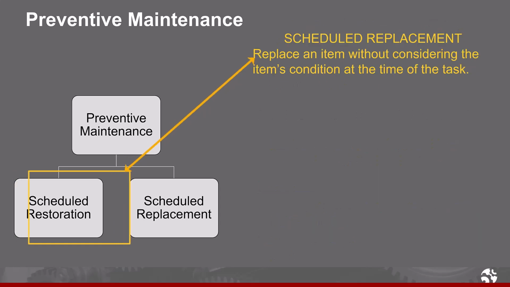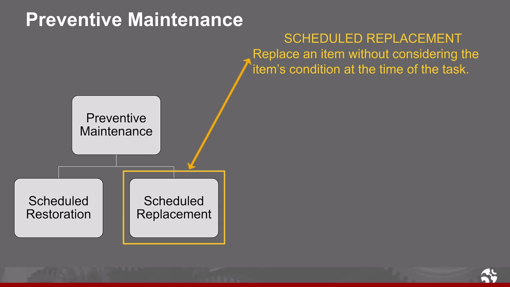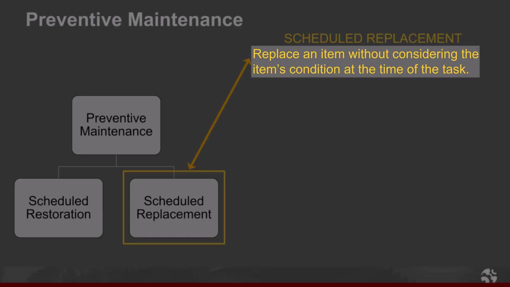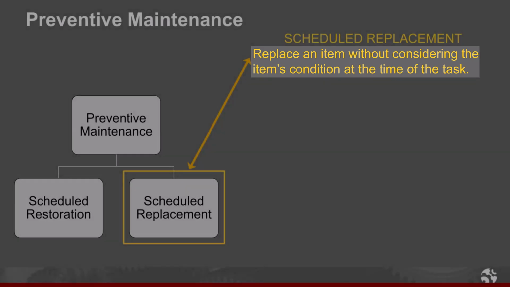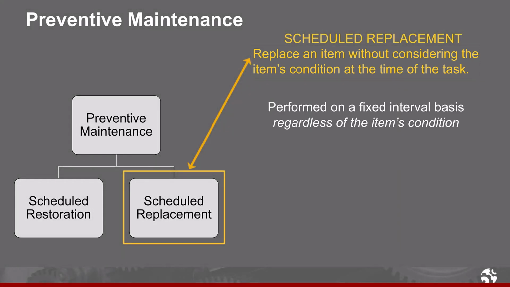Let's move on and talk about scheduled replacement tasks. A scheduled replacement task replaces an item without considering the item's condition at the time of the task. Again, let's focus on the same phrase in the definition: without considering the item's condition at the time of the task. Just like scheduled restorations, you perform them on a fixed interval basis regardless of the item's condition.